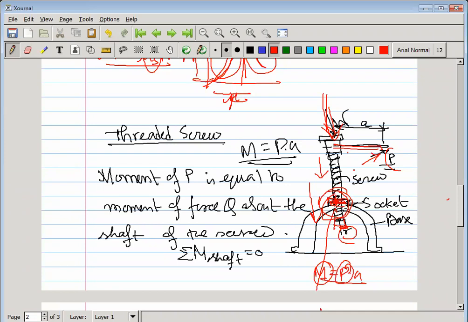Any confusion? If you have any confusion you can ask, no issue. Is it possible for you to understand what a self-locking and what a non-locking condition is?